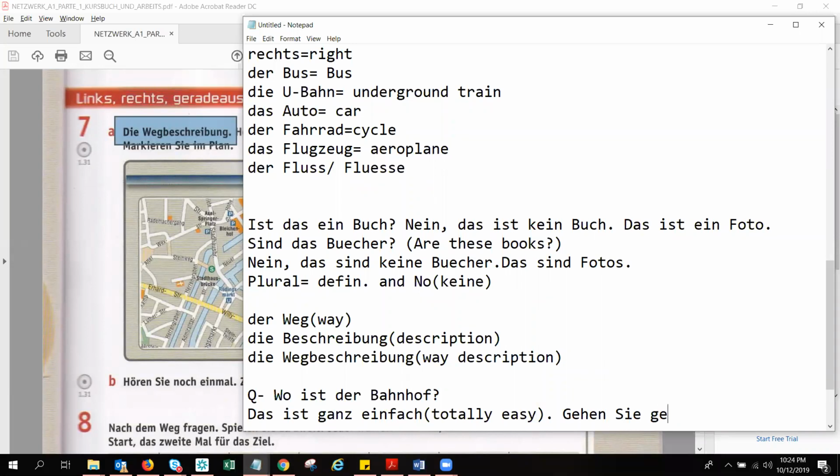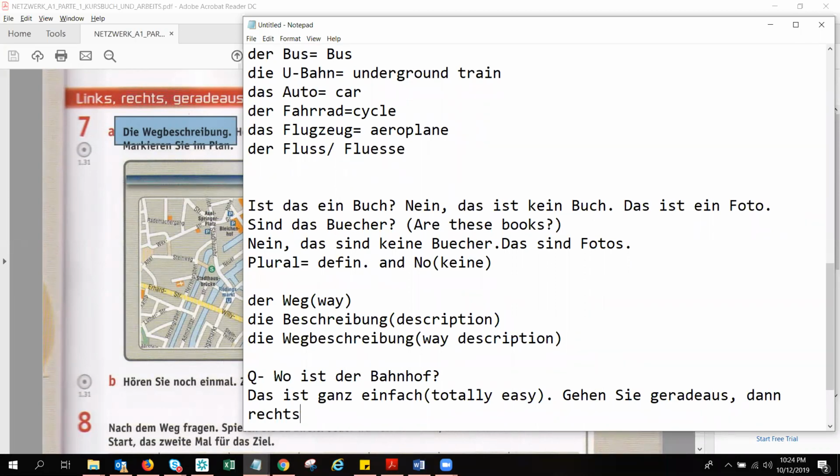Gehen Sie geradeaus, like you go straight. Dann rechts means then right. Und dann nehmen Sie links. So nehmen means to take. Das ist der Bahnhof. Or another way to say the last line is da ist der Bahnhof.